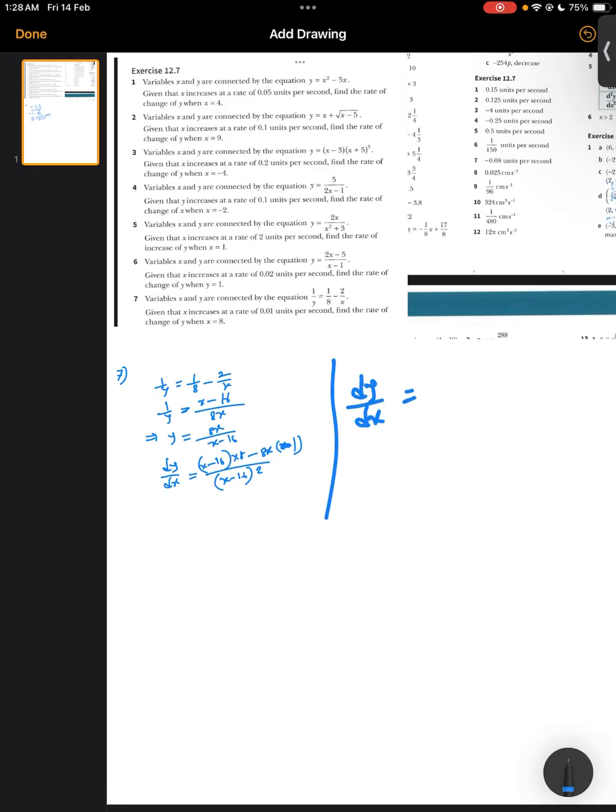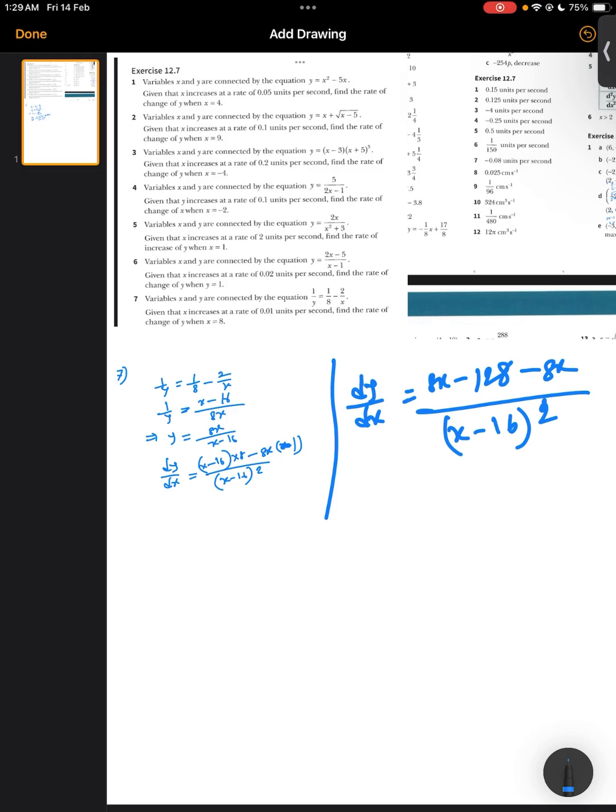So dy/dx of y would be 8x minus 80 and 48, 128, I guess, minus 8x over (x minus 16) to the power square. Is it 16 times? Okay, 10 times 8 is 80, 6 times 8 is 48, so 128.